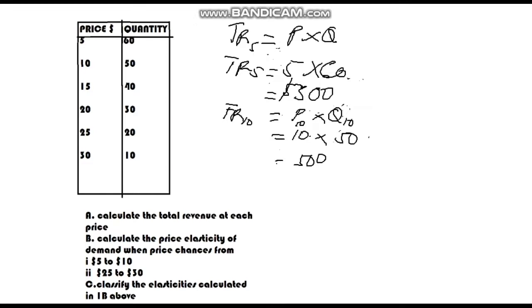So let me go and do the last one, which is total revenue when price is 15. So when price is 15, our total revenue will be 15 times what? 40. We are getting 15 times 40. So when you multiply your 15 by 40, you are getting 600.